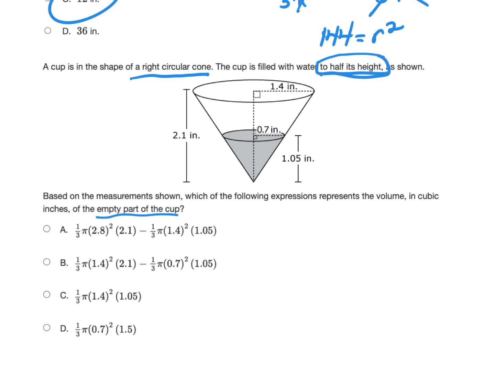All right, so let's first remind ourselves that the formula for the volume of a cone is 1/3 pi r squared h. Remember, we're looking at half. So this is the radius we're going to be looking at. My radius is 0.07.